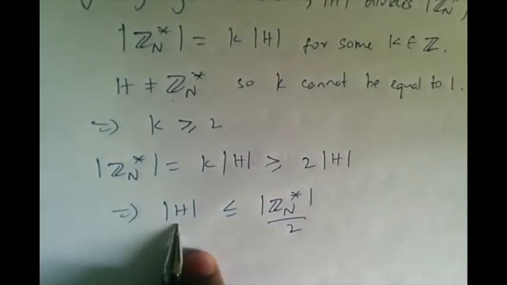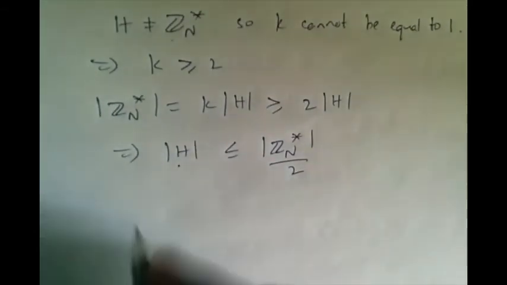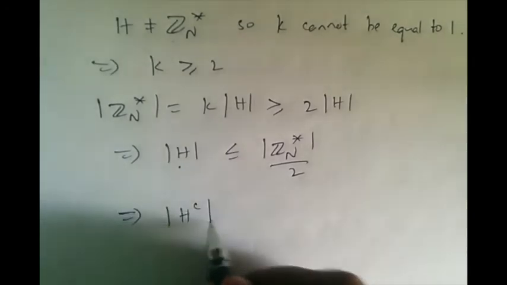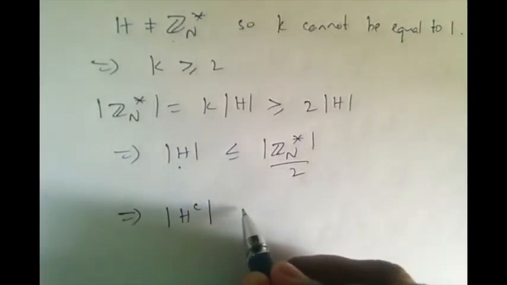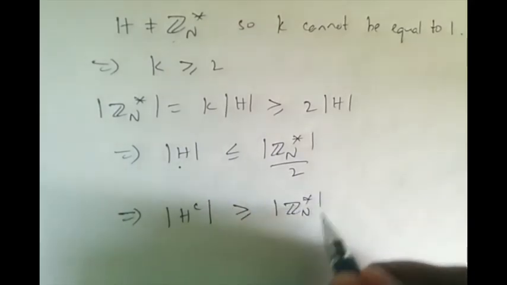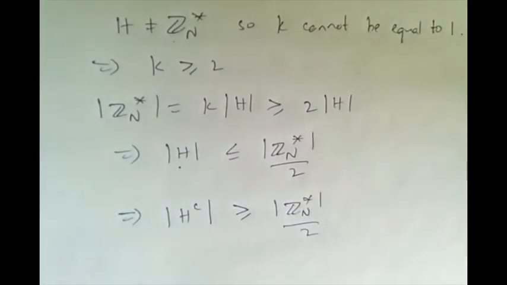Now H is the set of non-witnesses, which means the order of H complement, the set of witnesses in Zn star, is greater than or equal to the order of Zn star by 2.